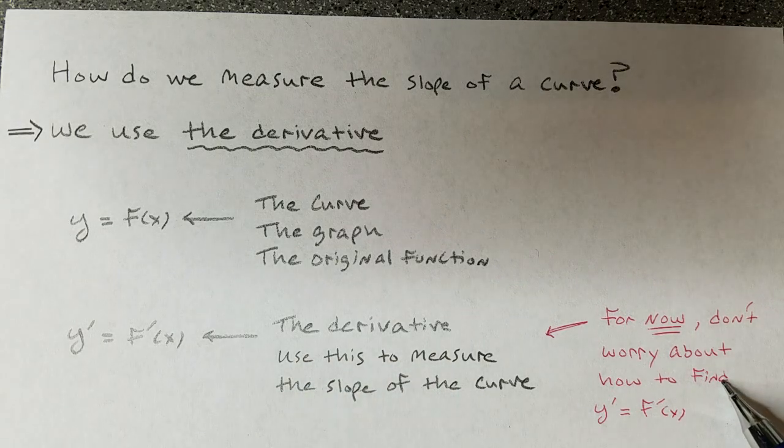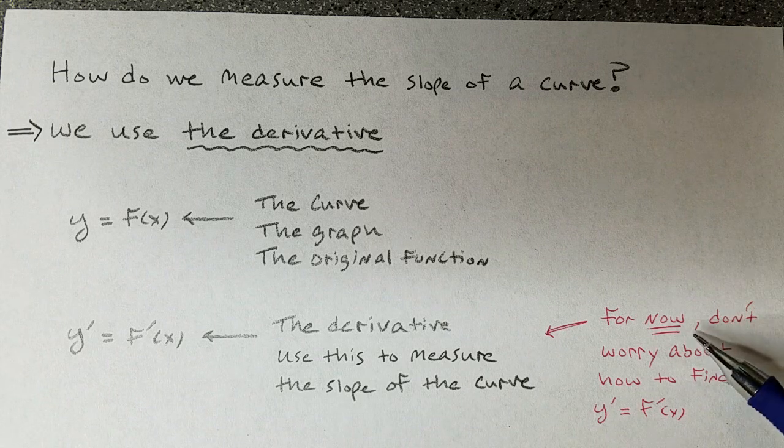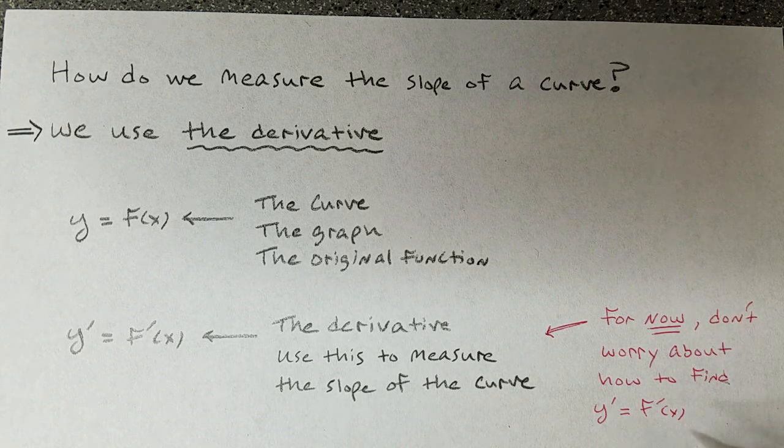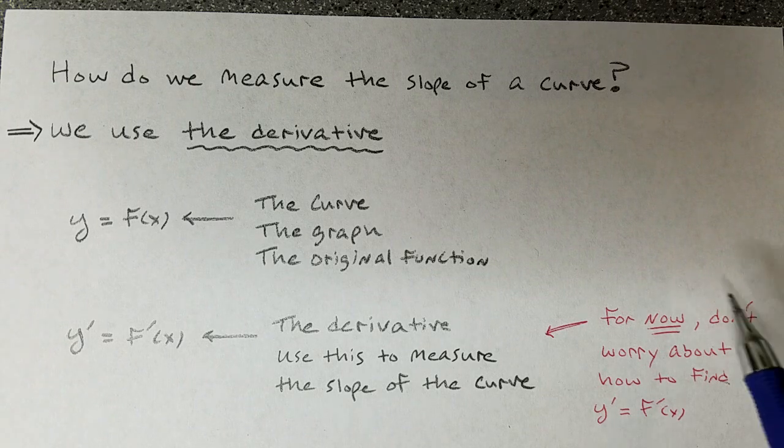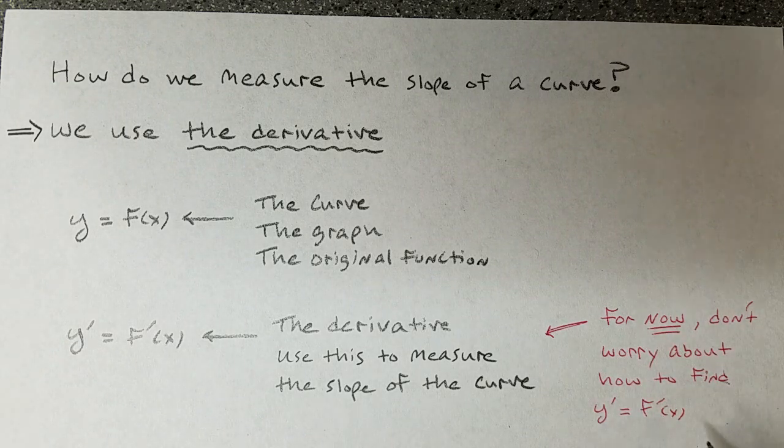At this point, I'm going to have to ask you, don't worry about how you find y prime. We'll worry about that later. For now, I just want you to get used to how you use it. It measures the slope of the curve. You know what it does. I need to get you to see how you use it.